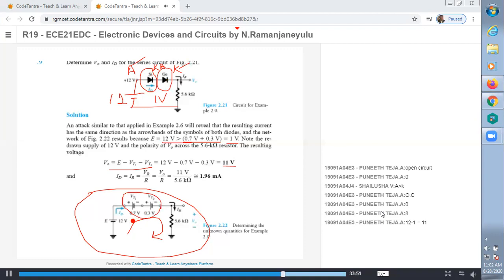The input is 12 volts, so both diodes are in forward bias. Once you know it is forward bias, current goes through the loop. Then with the drop of 1 volt, the remaining voltage appears as V0. V0 is equal to 11 volts here. Now the current is equal to 11 by 5.6.